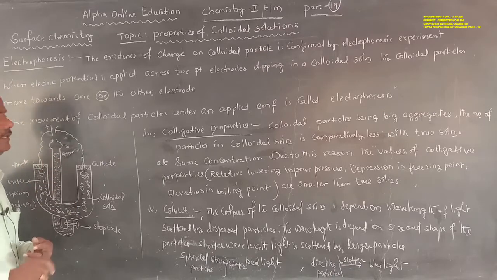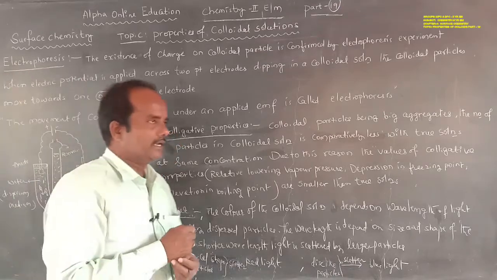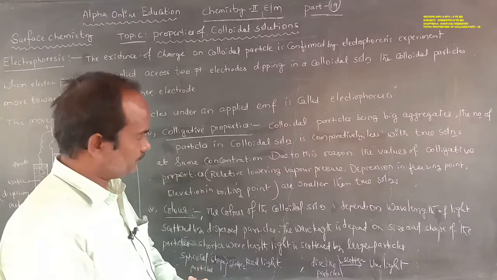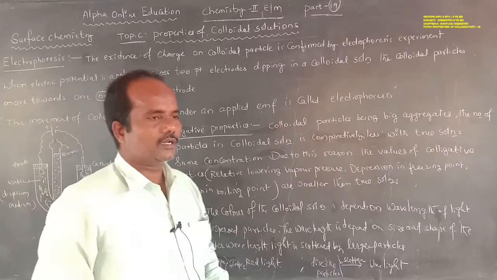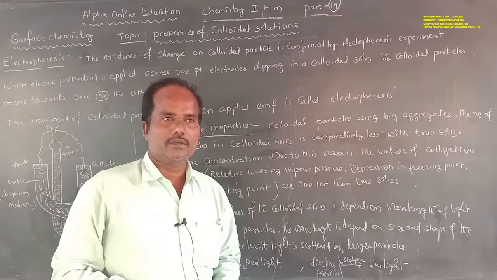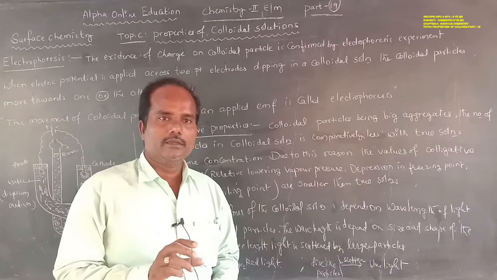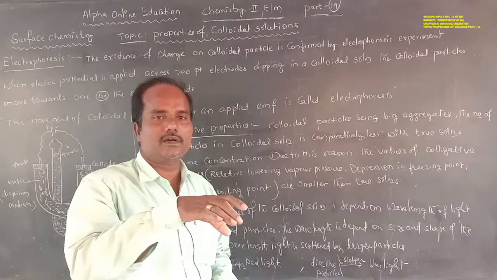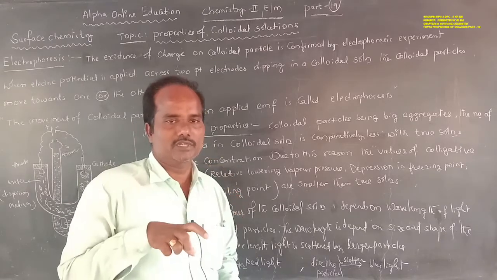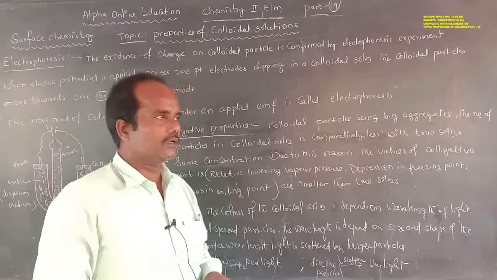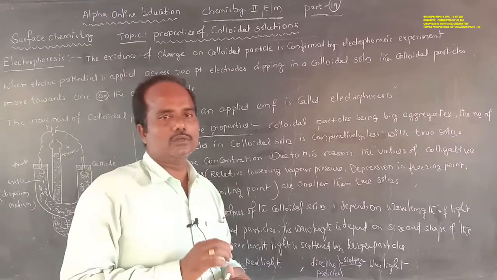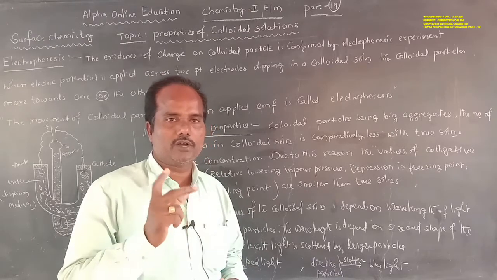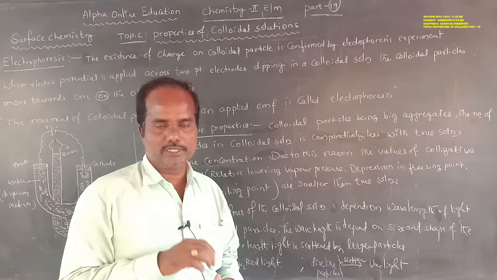Next is colligative properties. Another property of colloidal solutions is the colligative property. Colligative properties are based on the number of particles of the dispersed phase. In general, in true solutions, solvent and solute form a homogeneous mixture.